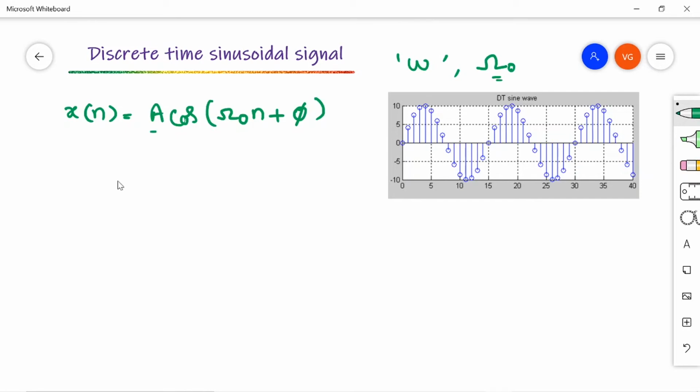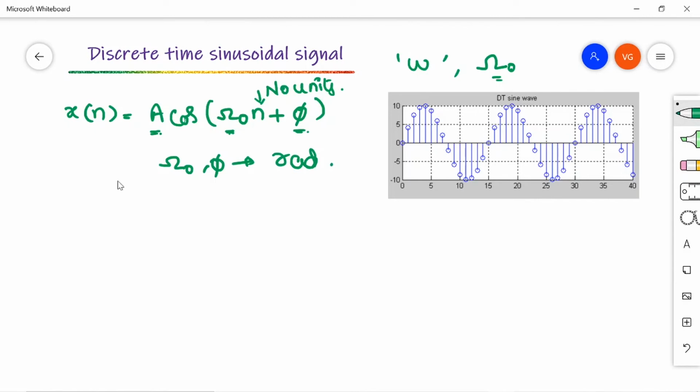Here a represents the maximum amplitude taken by the signal x of n. Omega naught is the angular frequency and phi is the phase angle. Here n is a dimensionless quantity, no units for n, it's a number, right? And omega naught and phi are measured in radians.